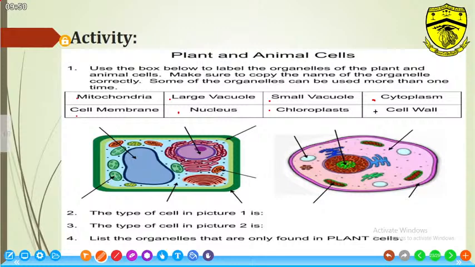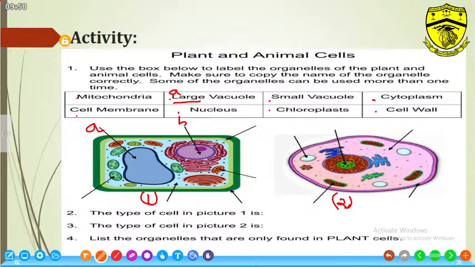Using these organelles, indicate number 1 and number 2 and label the organelles correctly. So, what is this? Yes, large vacuole. Observe, this is A, the large vacuole. You got it? I know you got it. I hope you do well. This is the nucleus.